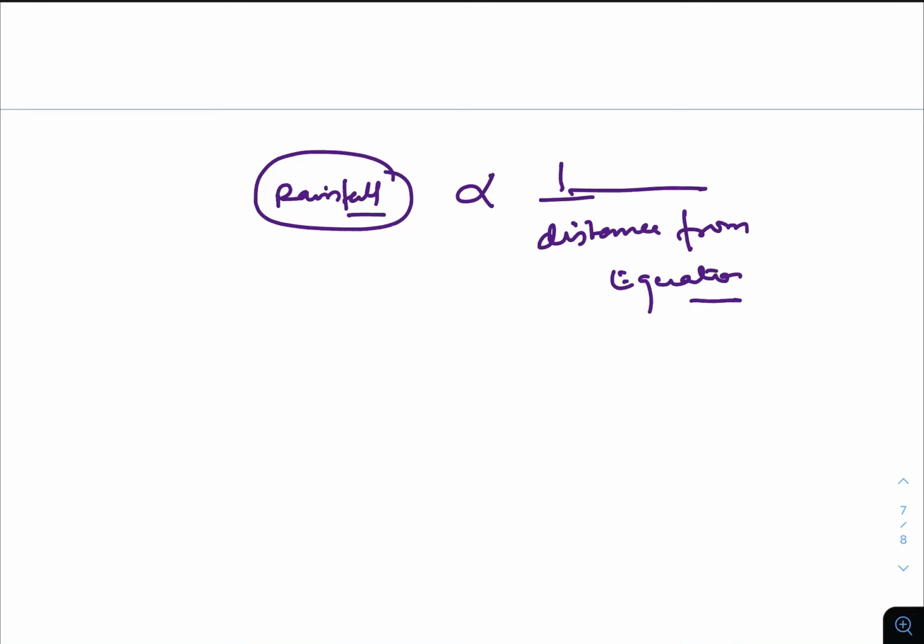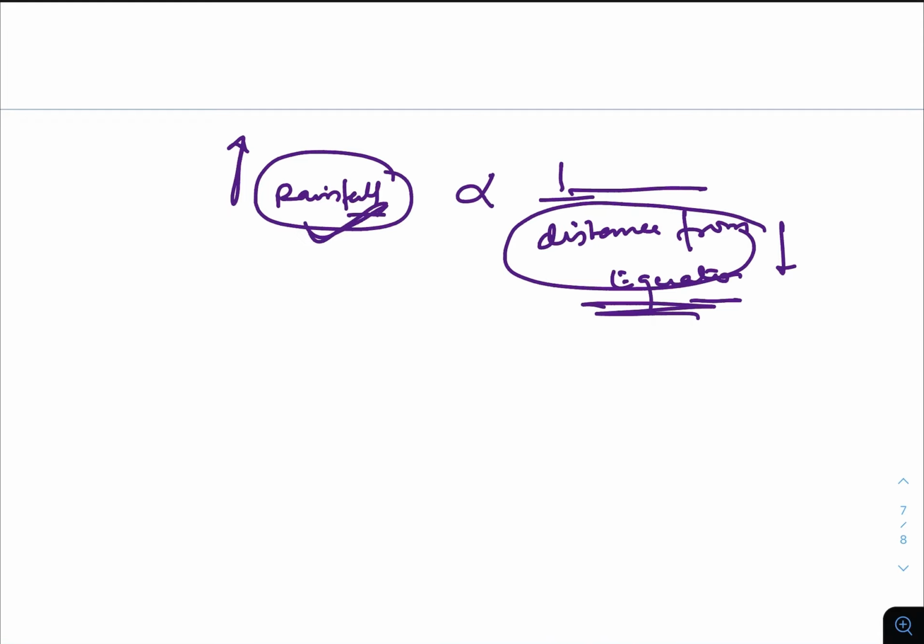Means from here we can understand that if the distance from the equator decreases, meaning if you are going towards the equator, then the amount of rainfall is going to increase. There is an inverse relation between the amount of rainfall and the distance from the equator. This is very important. If you are talking about the tropical grassland, the amount of rainfall is going to increase as the distance from the equator decreases.